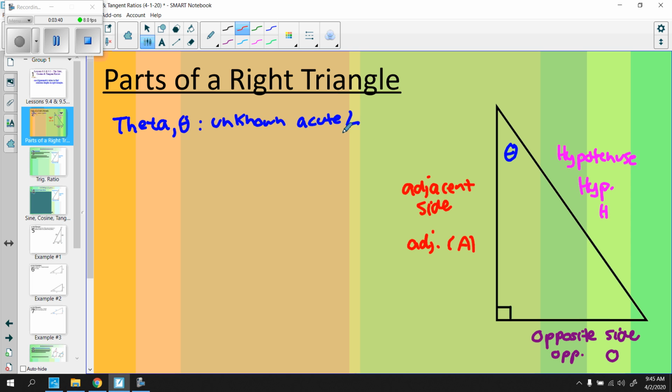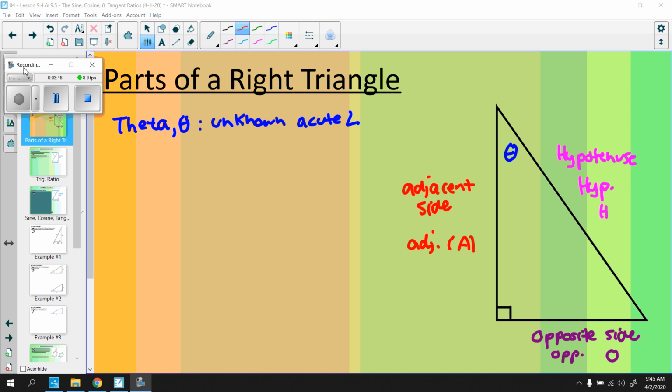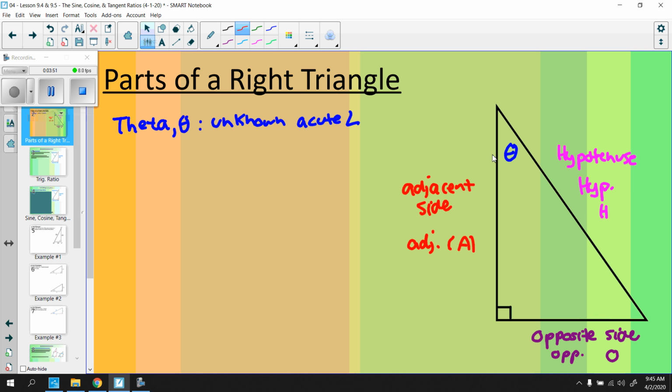The thing that sometimes people struggle with is right here. What happens if all of a sudden our theta is right here? Well, things change. The hypotenuse will never change. That's always going to be opposite the right angle. But right now I've got these mislabeled.